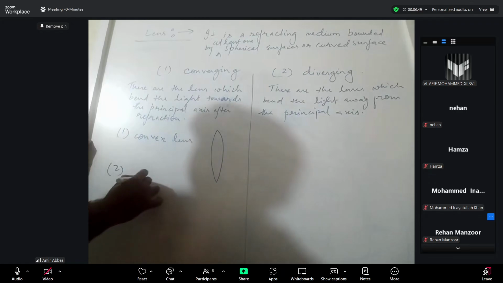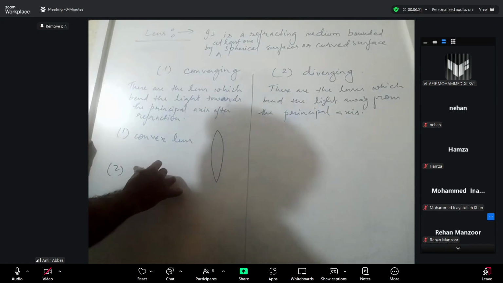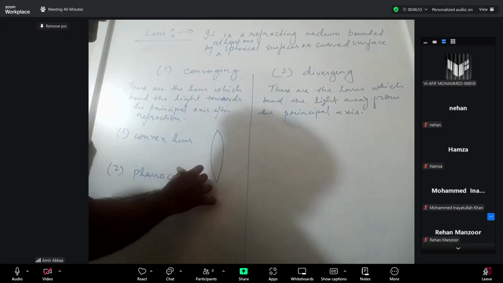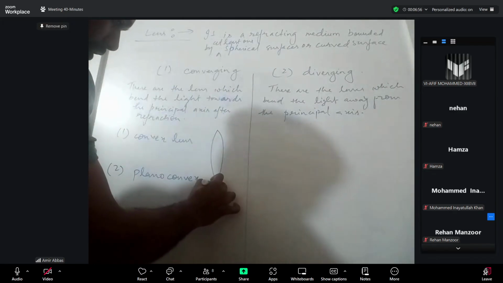Second one is plano-convex. How does it look?